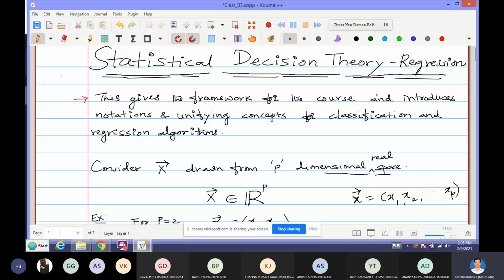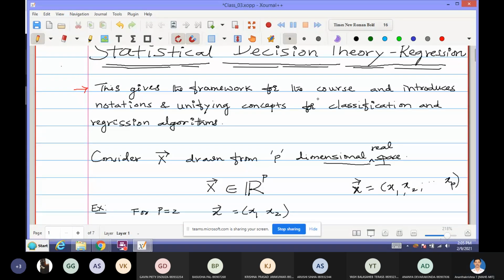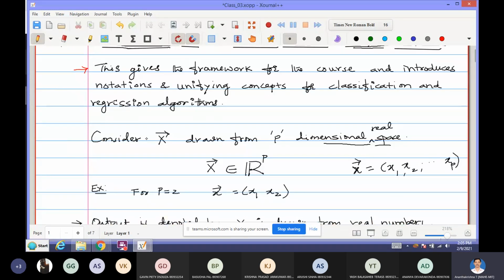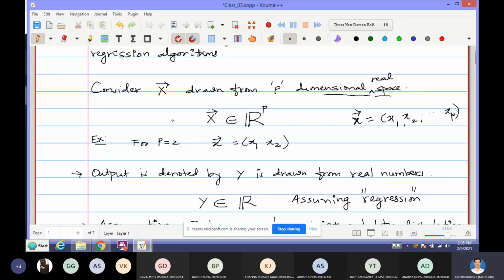Okay, it gives a kind of a framework. So we have started with considering our input vector, I mean input x representing here in this case input data point, which is drawn from a p-dimensional space.